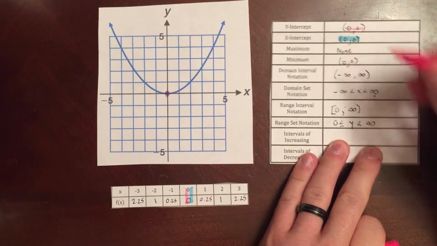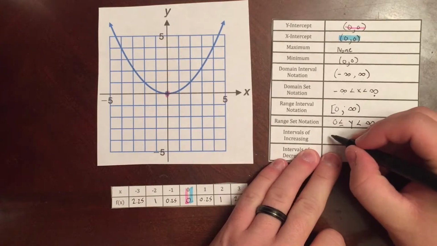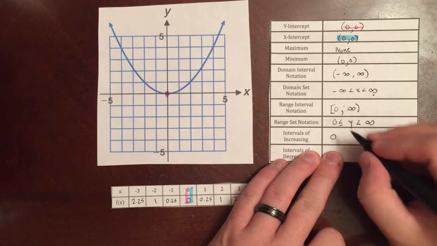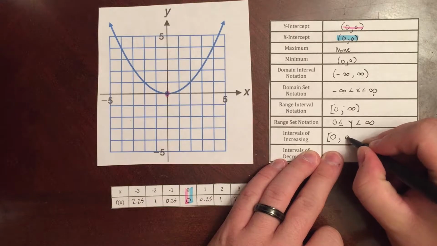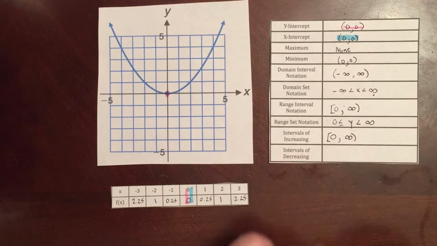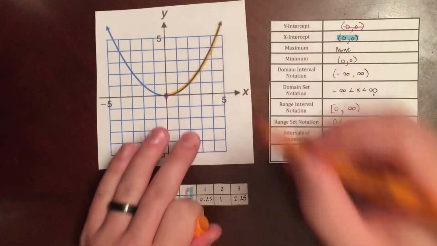Now let's look at intervals of increasing and decreasing. Okay, I'm going to use orange to highlight the intervals of increasing. The graph looks like it increases from 0 onward. So again, we're looking at where are the x values in which the graph increases.